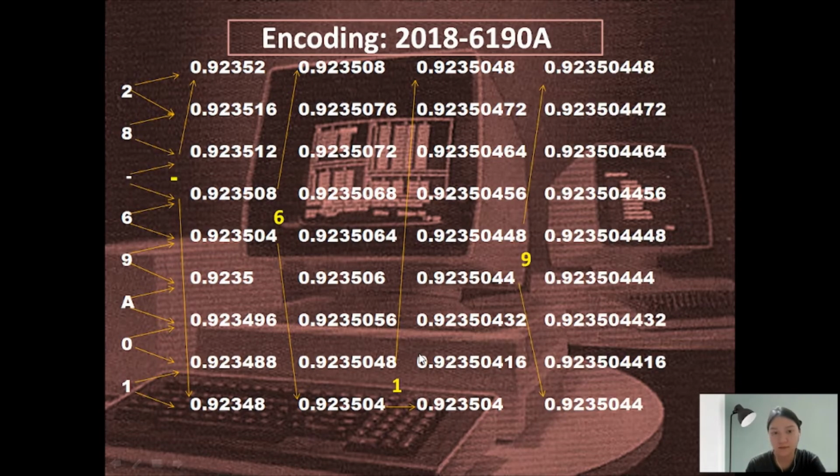Next is variable 9. Variable 9 ranges from 0.9235044 up to 0.923504448.